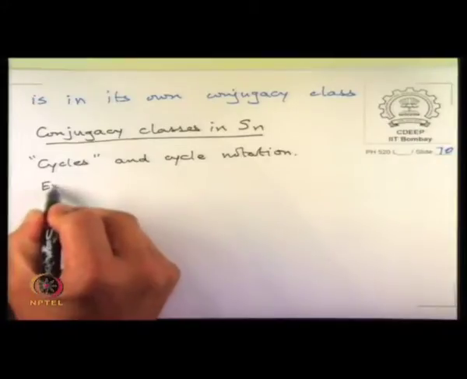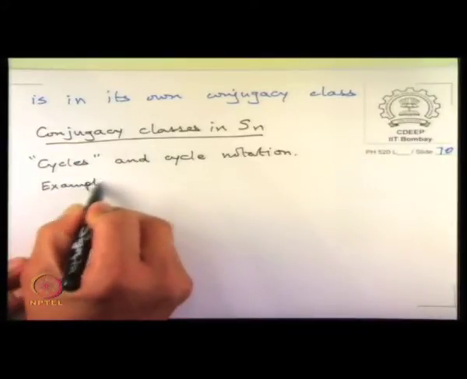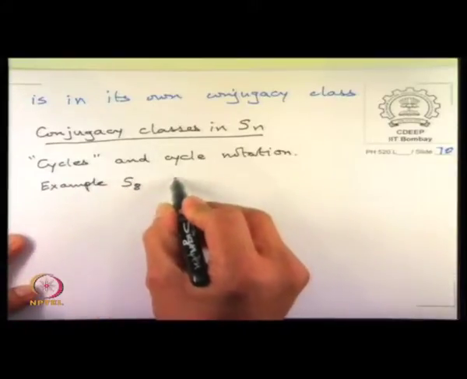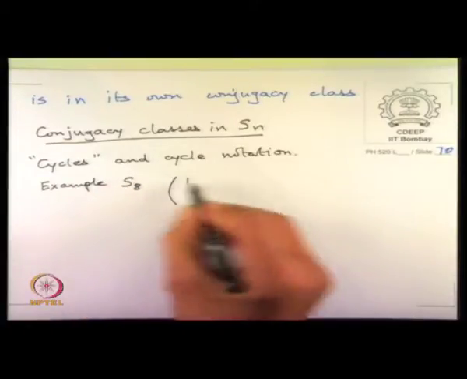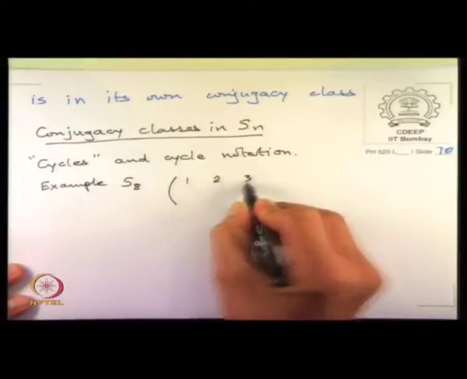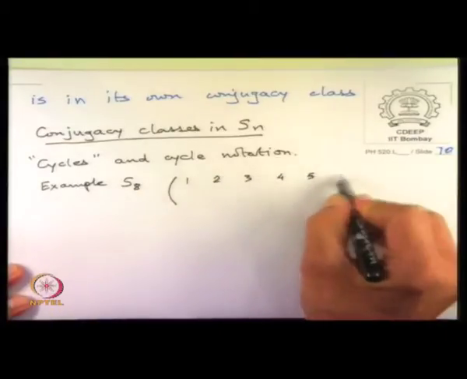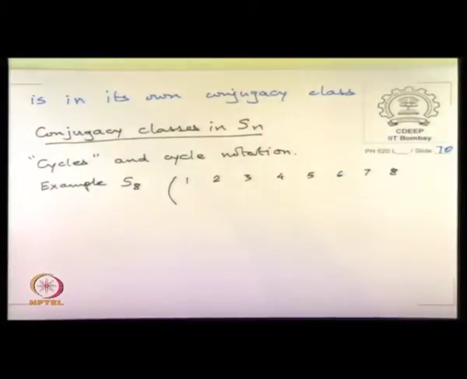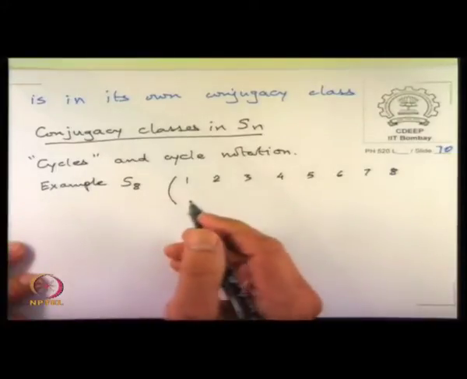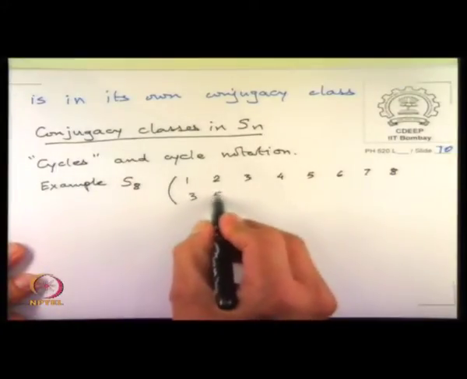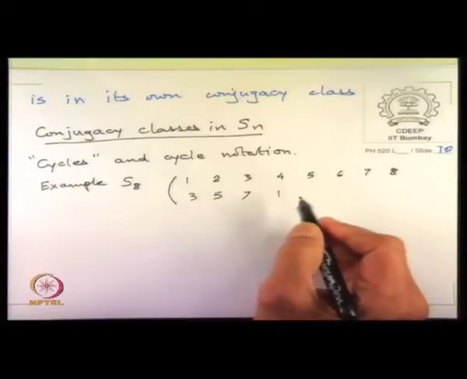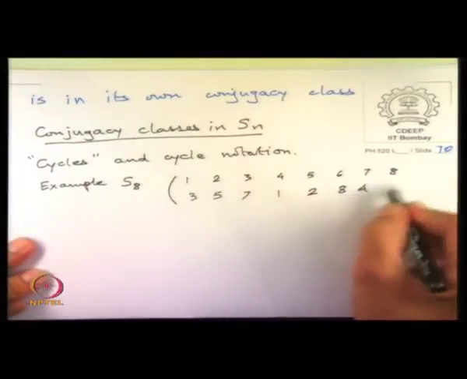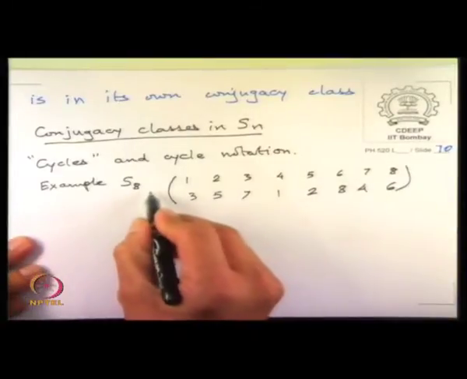Suppose we have S8, and I pick 3571 2846. So this is some element of S8.